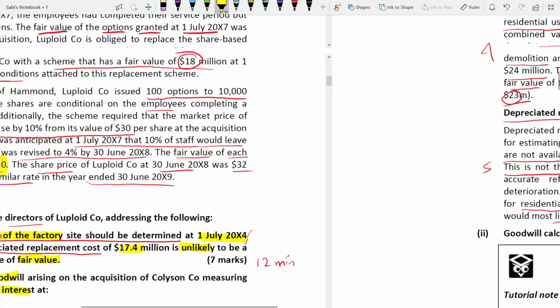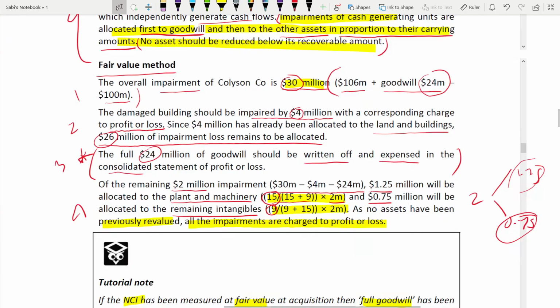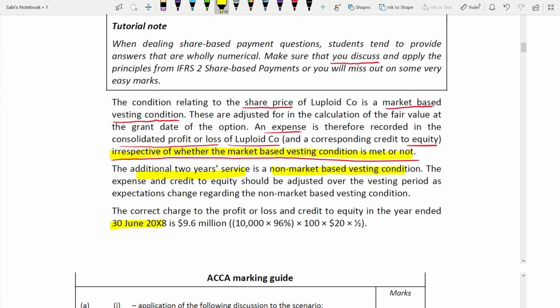So that's why you're taking 10,000 employees into 96%, because 4% will leave. 100 options, multiplied by 20 because that is the fair value of the option at grant date, and 1 over 2 because it is over 2 years. On 30th June 2008 means out of the 2 years, 1 year. So it is 9.6 million. This 9.6 million will be debited in the P&L, credited to the equity.